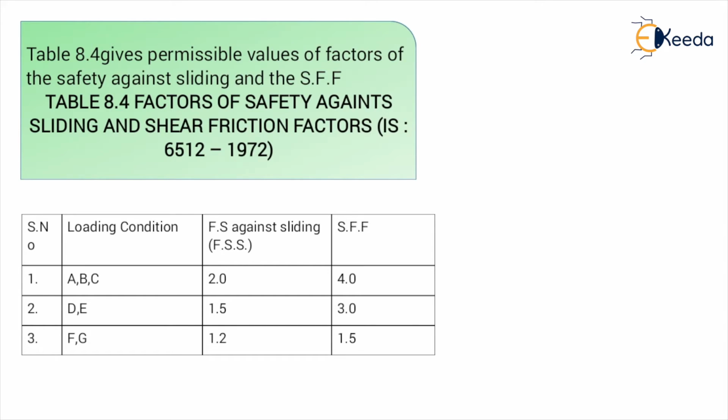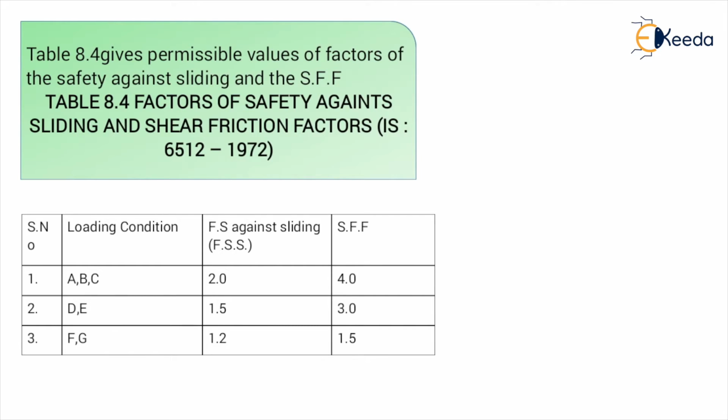Then load condition D is when there is no water in the dam, but earthquake pressure is applicable. Load condition E means the normal condition B plus earthquake.